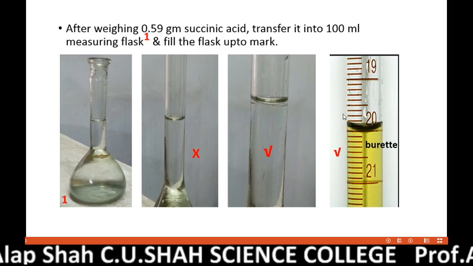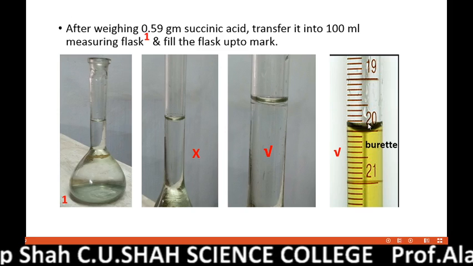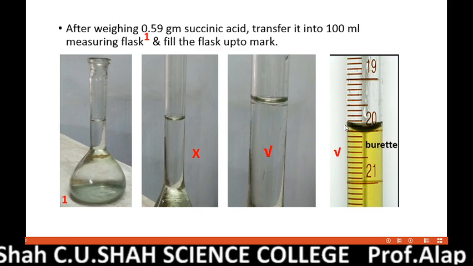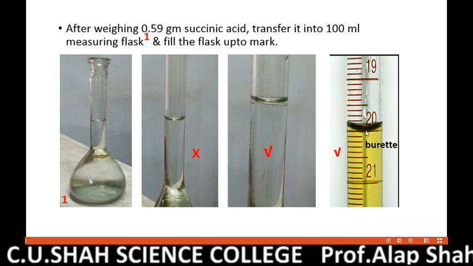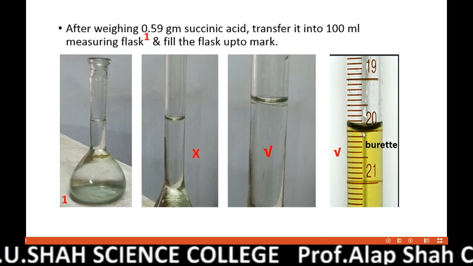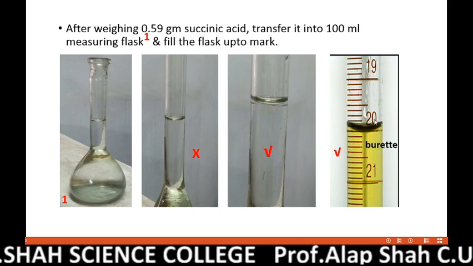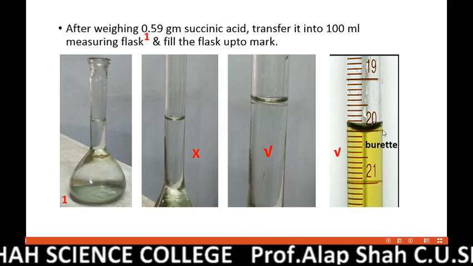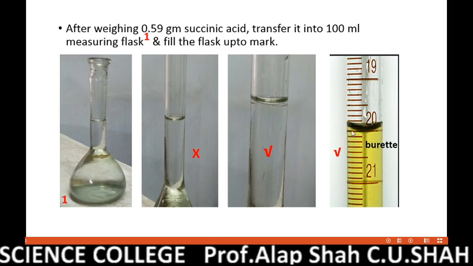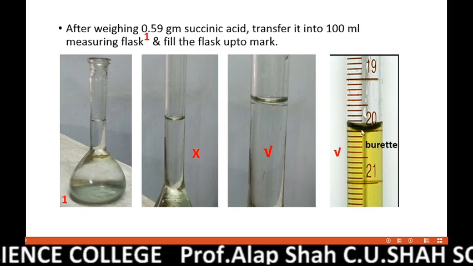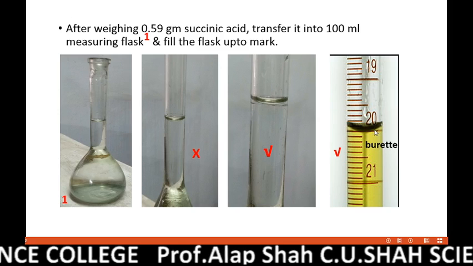One more picture is of the burette, because in titration we also use a burette. You should fill the chemicals or solutions in such a manner that the lower meniscus of the solution touches the mark. Suppose you want to fill 20 ml; this is the way you should fill the burette.